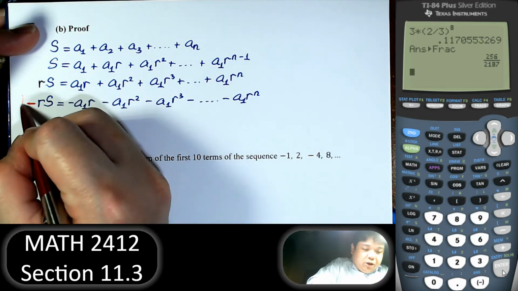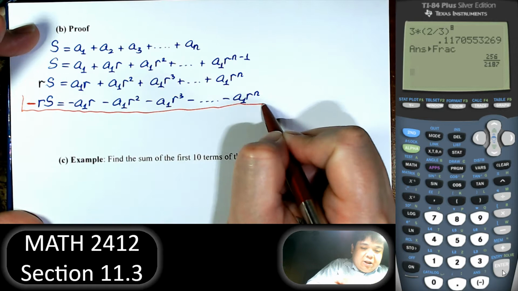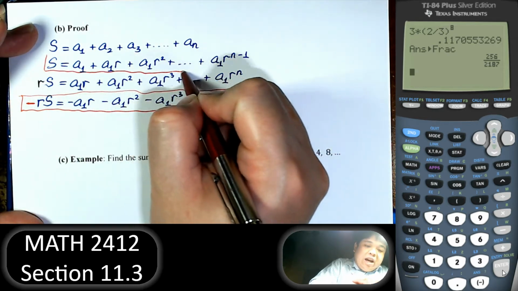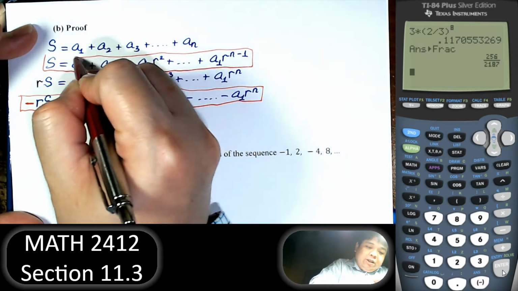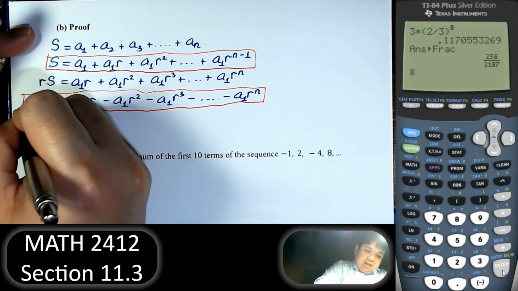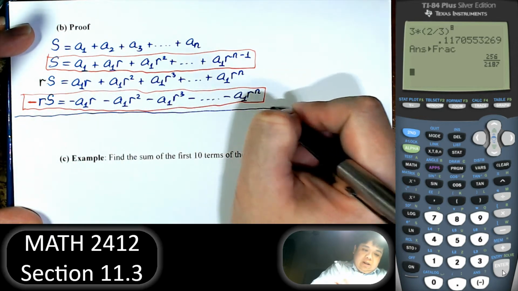Now, if we combine this with this, if we add side by side, we have S minus rS on the left hand side.